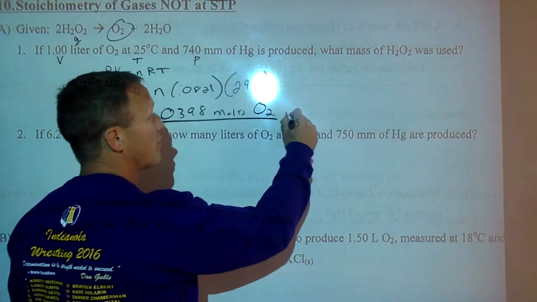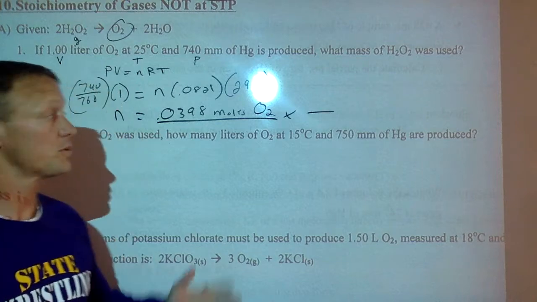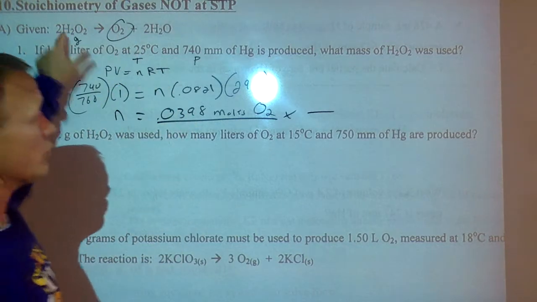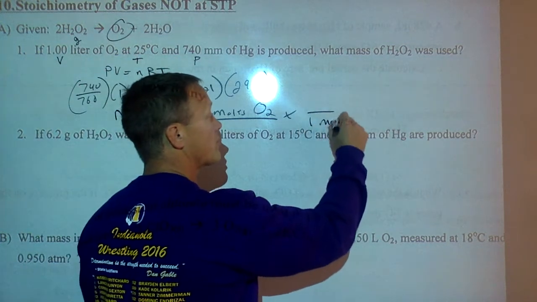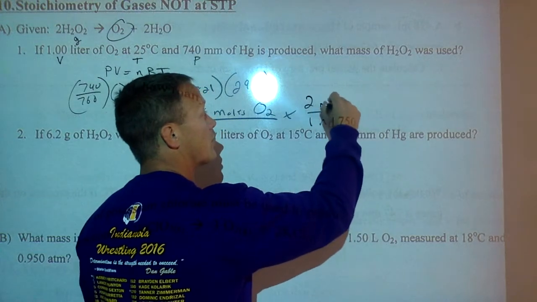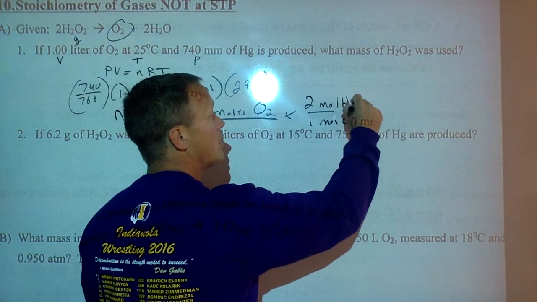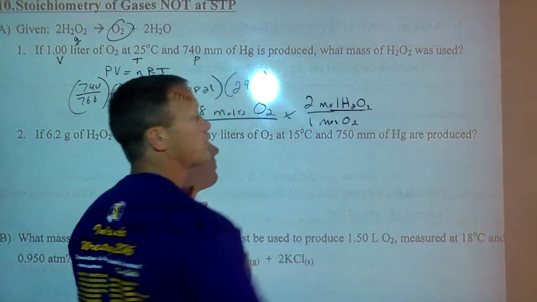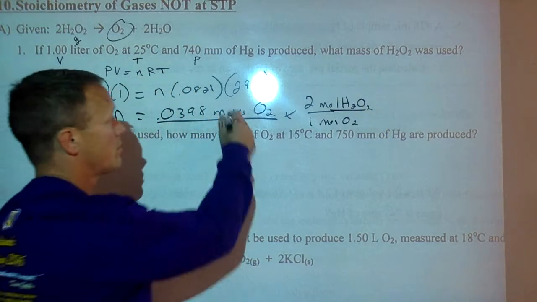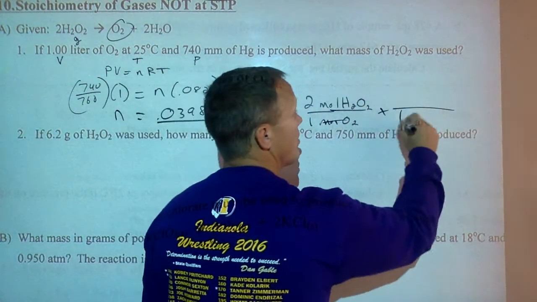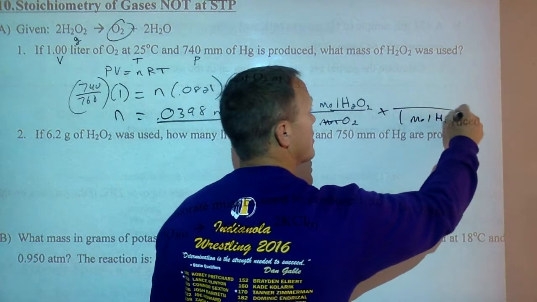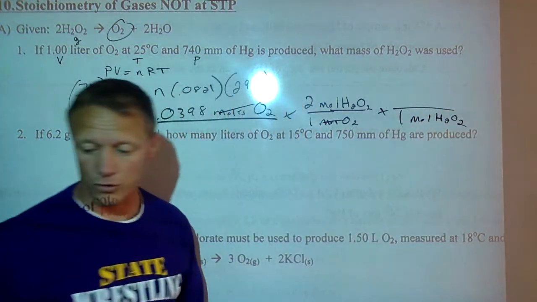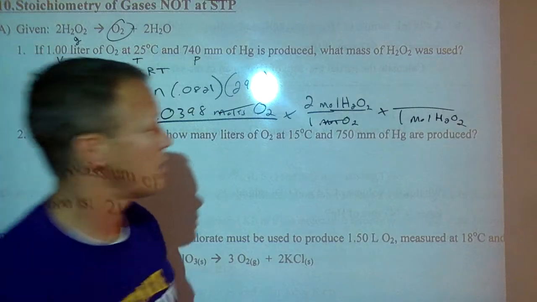So now we're starting our stoichiometry off with moles, which is nice. Once we're at moles, we can do our mole ratio, 1 to 2. For every 1 mole of oxygen, there's 2 moles of H2O2. Moles cancels, and a mole of hydrogen peroxide would be 34 grams of hydrogen peroxide.